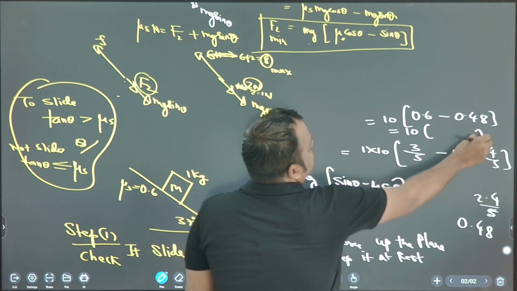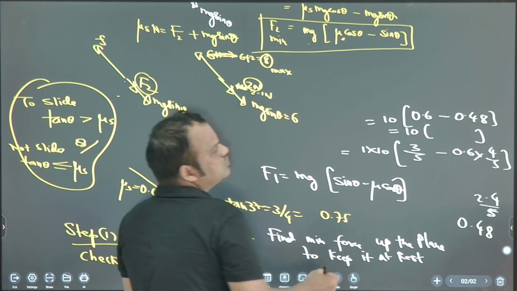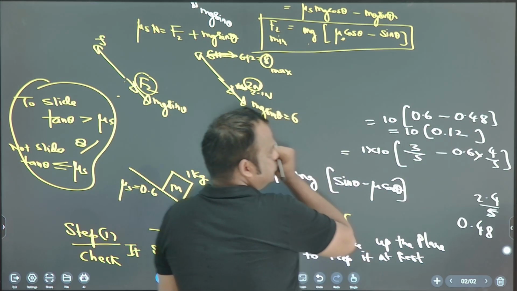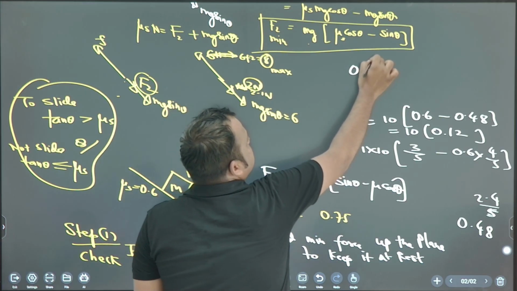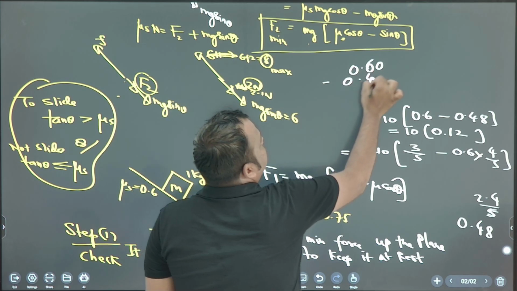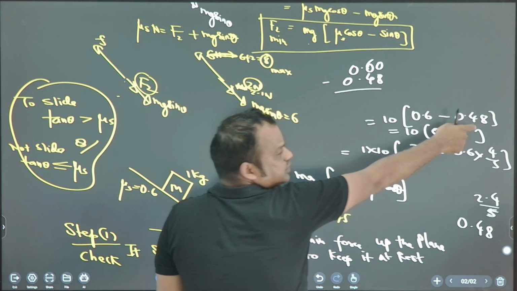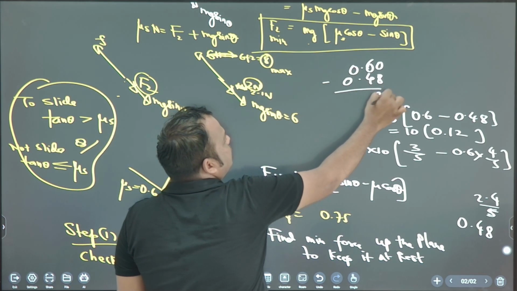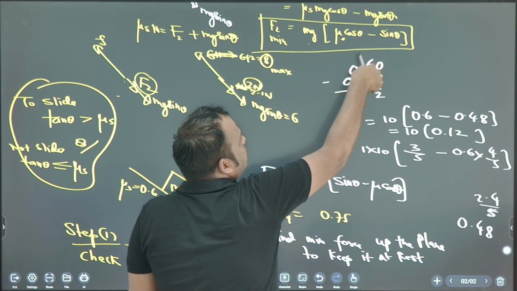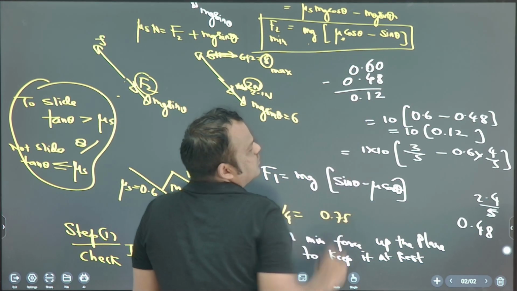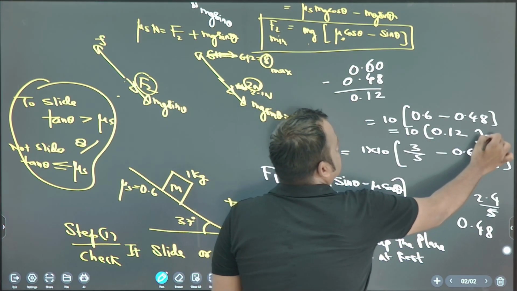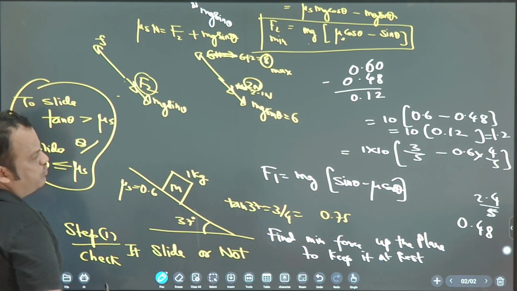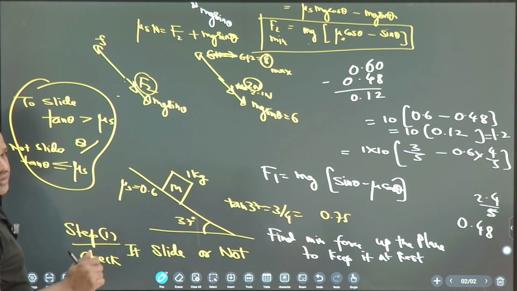So 10 into 0.6 minus 0.48 is 0.12. Which is greater, 0.6 or 0.48? 0.6. So 0.12 into 10, what is the answer? 1.2. So the answer is 1.2. Clear? Are you getting it or not?